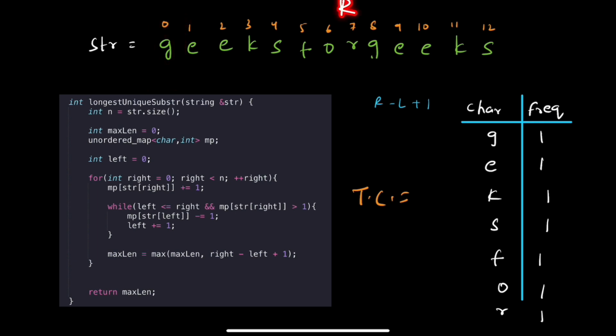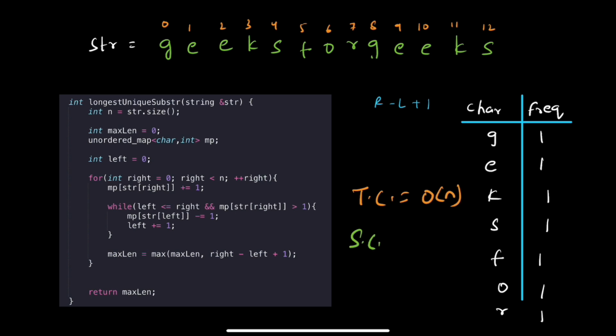So whenever we are at R here and L here, this R would have already visited it and L will also visit it only one time, right? So this will also be order of n. So the time complexity will be O of n plus O of n, which is nothing but O of 2n. So if you approximate it, it will be order of n, right? So the time complexity is order of n.